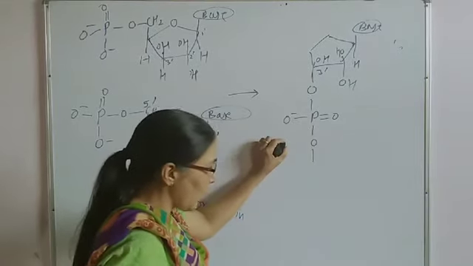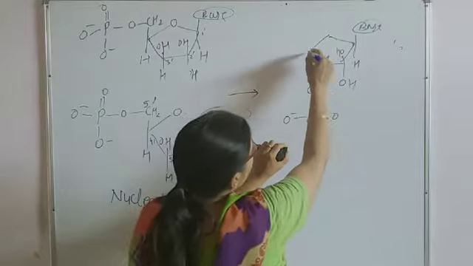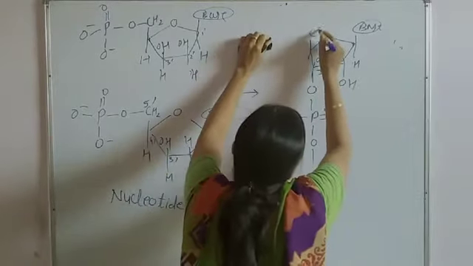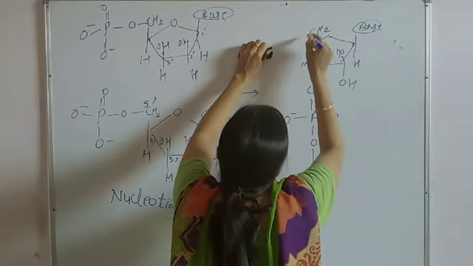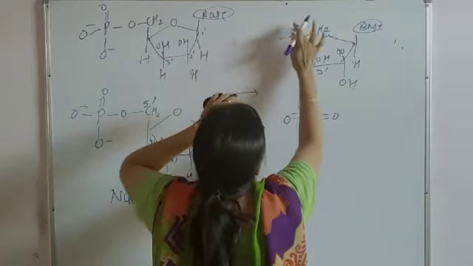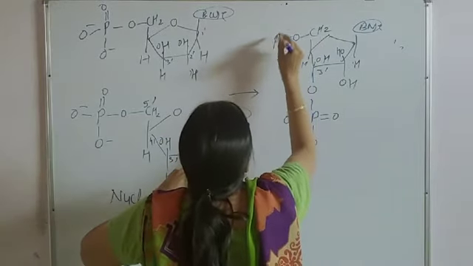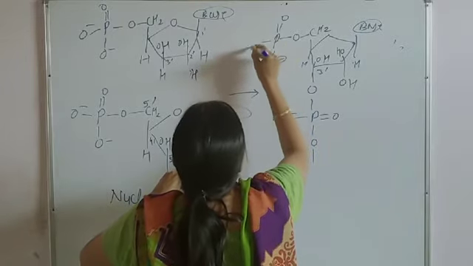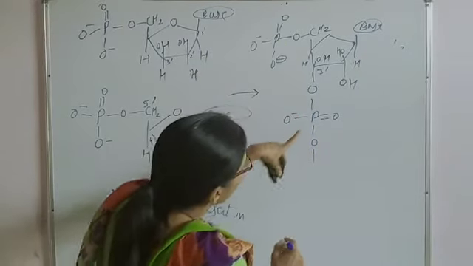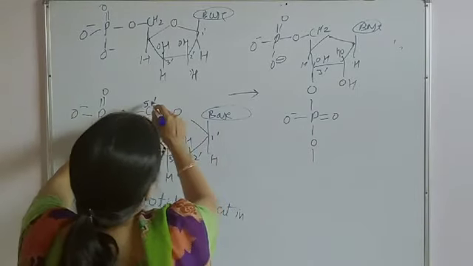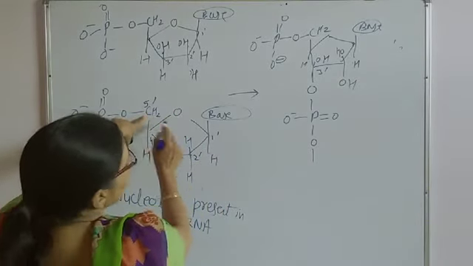Now the rest of the molecule here, that is CH2 and its phosphate unit. Now this phosphate unit from this linkage is present with the 5 dash unit.